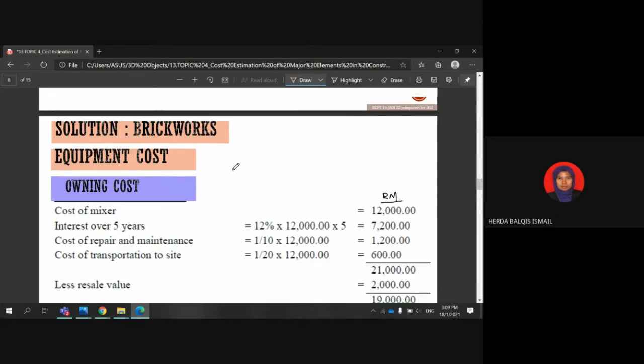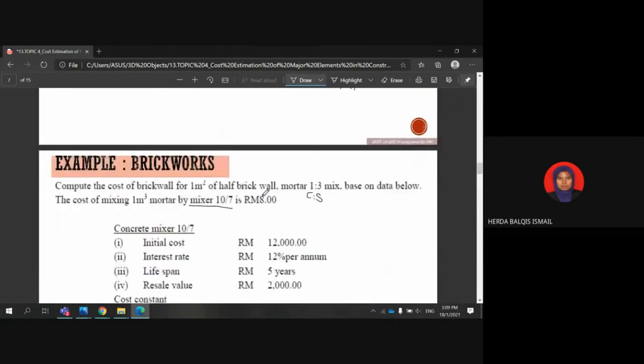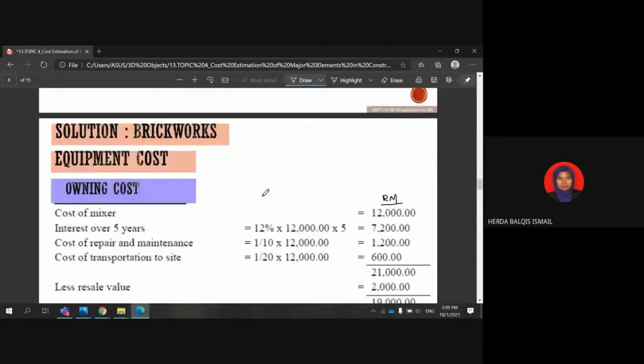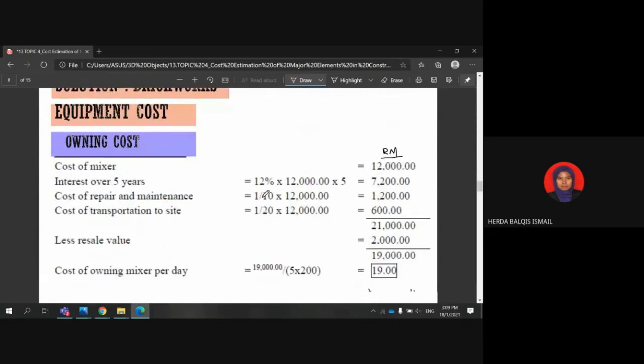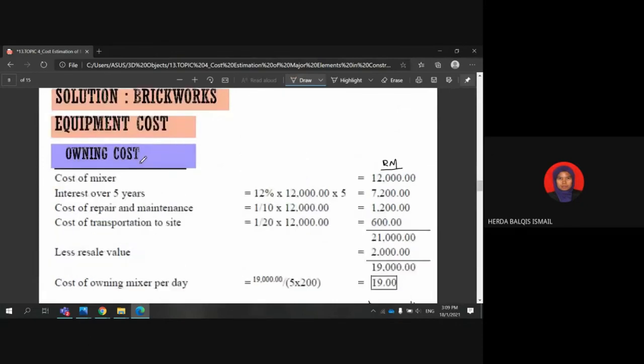If it is given in the question, you straight away use the value. Like I emphasized earlier, the solution shows you how to get RM 8 per cubic meter. Let's look at how the calculation is done.